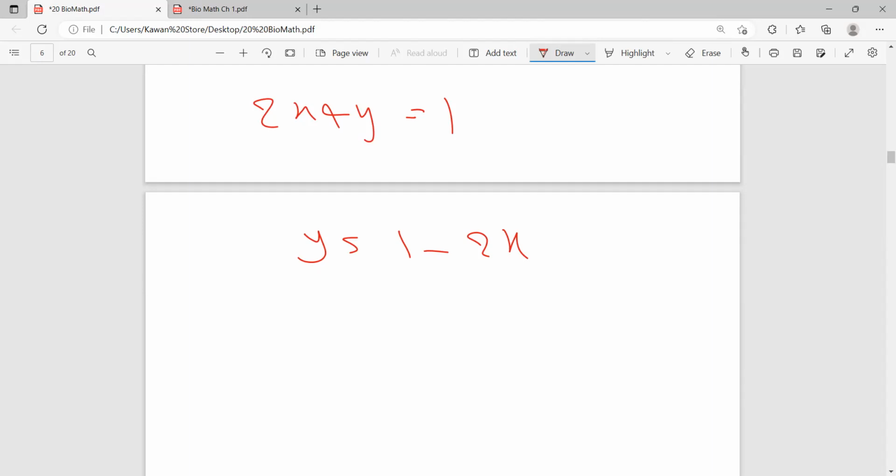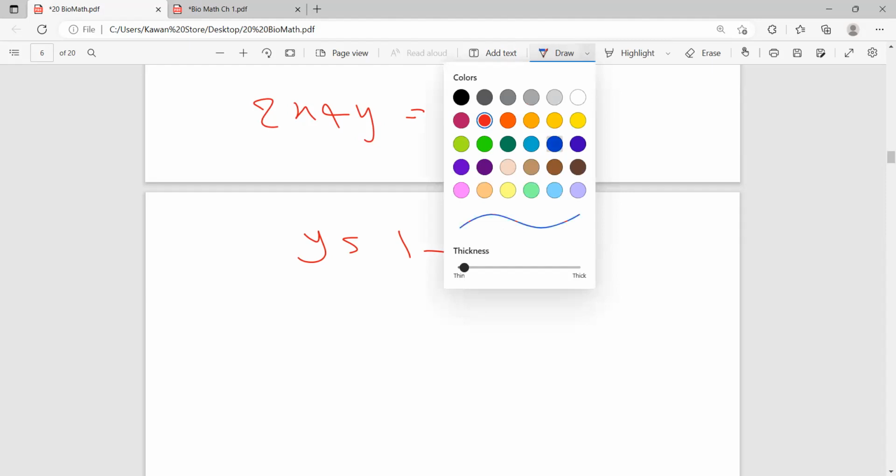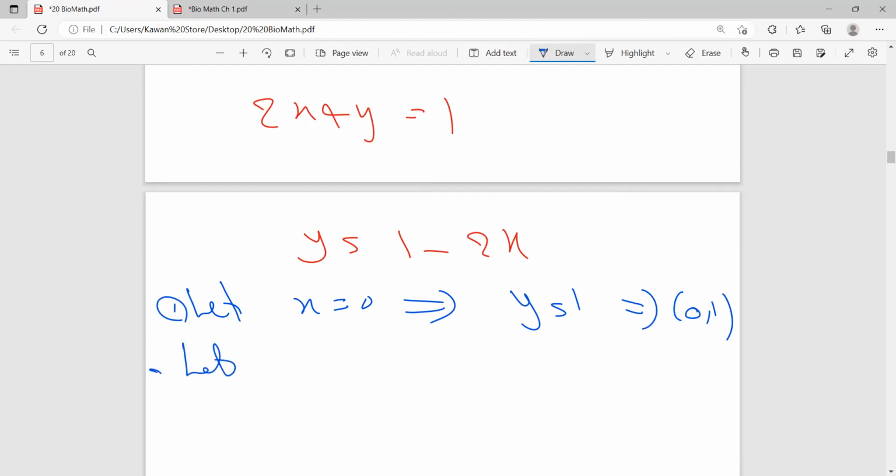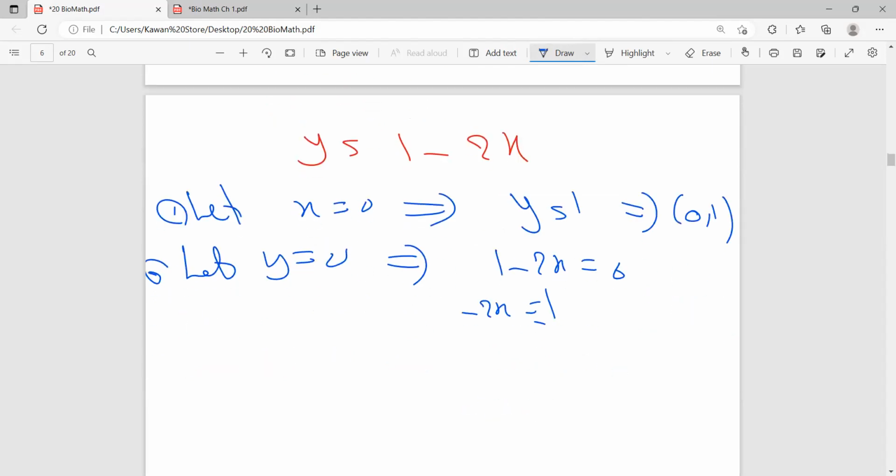Okay. Then first, as you say, let x be 0. Yalla, I will get y is equal to what? 1. So I got 0 and 1. Do you have any problem with it? No. How about the second? Let y be 0. So I'll get 1 minus 2x equal to 0, or minus 2x is equal to minus 1.